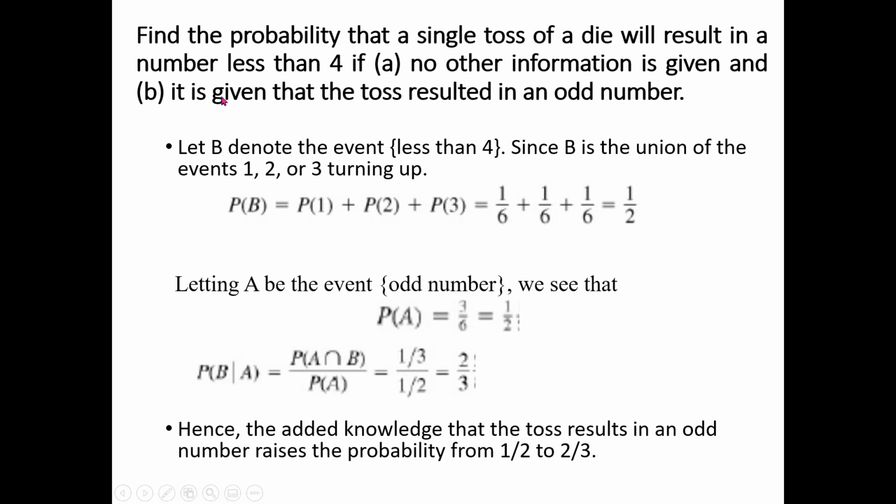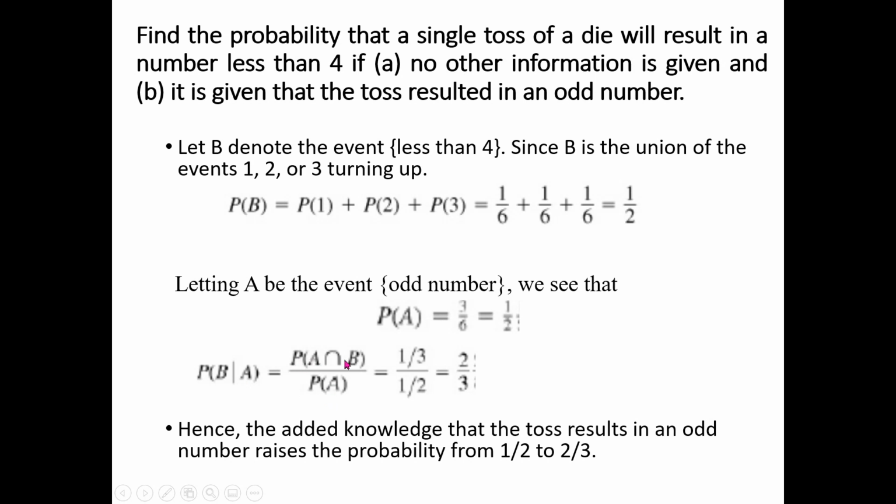Now in part B we impose a condition that we know that the toss resulted in an odd number. The odd numbers are of course 1, 3 and 5. So we have 3 numbers that are odd and in total there are 6. So 3 by 6 is equal to 1 by 2. Now we need to find the probability of a number less than 4 given that the outcome is odd. By definition, it is equal to the probability of their intersection divided by the probability of the event which is given.